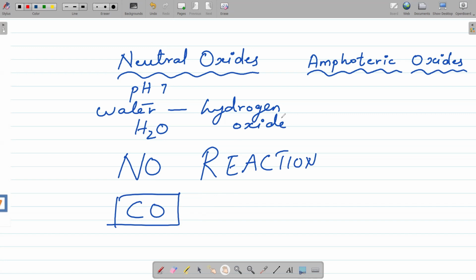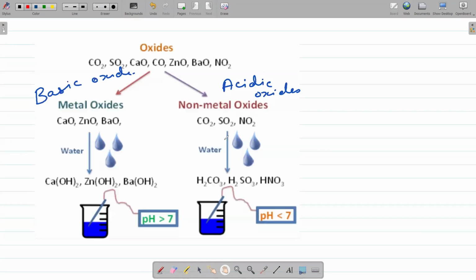Talking about amphoteric oxides, there are lots and lots of metal oxides, and most of the metal oxides are basic oxides. That is the usual behavior of metal oxides. There are a few metal oxides which have an unusual behavior. These metal oxides react with acids. They also react with bases.